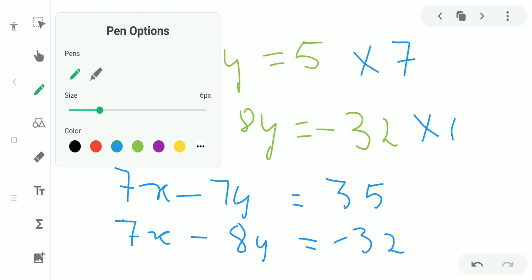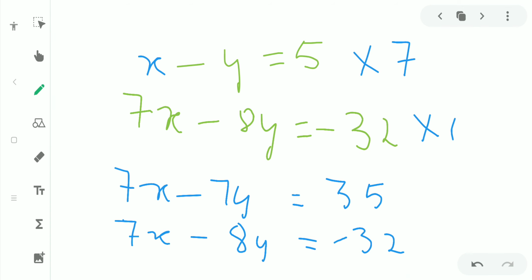So now let us solve it. Here we will subtract, so 7x and 7x will be cancelled, and we will get plus here and plus here. So minus 7y plus 8y, 8 minus 7 is nothing but 1y.